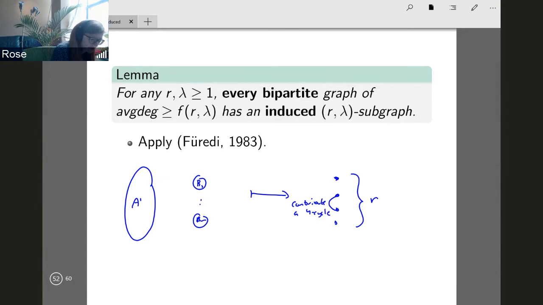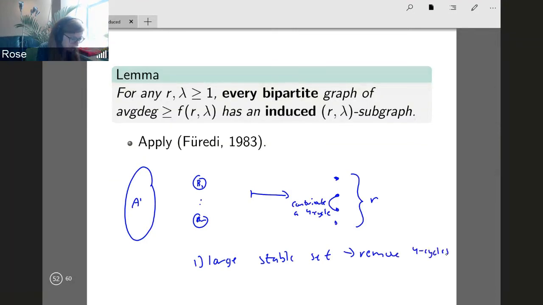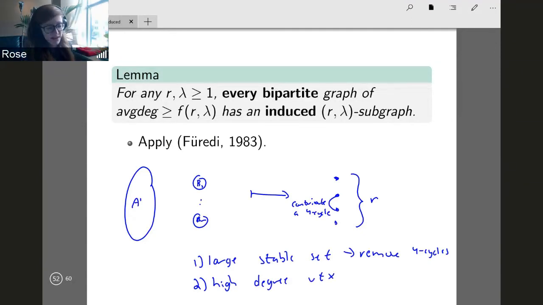And then there's 2 cases. Either we get a large stable set in this graph, and that way we can remove all 4-cycles, or we get a high degree vertex in this graph. And so I'm going to say something about the case where we get a high degree vertex.